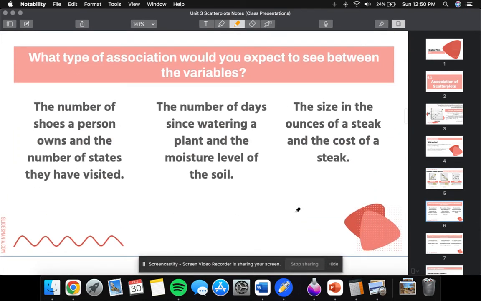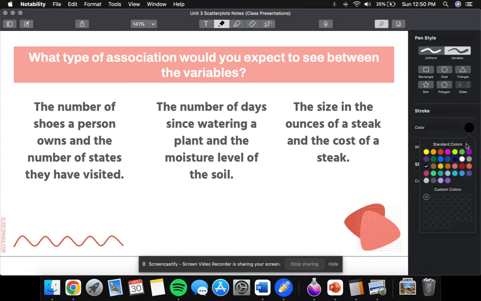So now we're just going to look at different types of relationships and see if we can figure out if it would have a positive, a negative, or no association at all. All right, so our first example is the number of shoes a person owns and the number of states they have visited. And that sounds really silly just to say it out loud. So we probably would assume there's not really a big relationship.